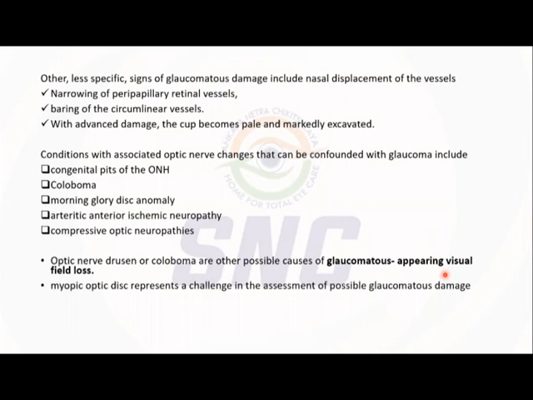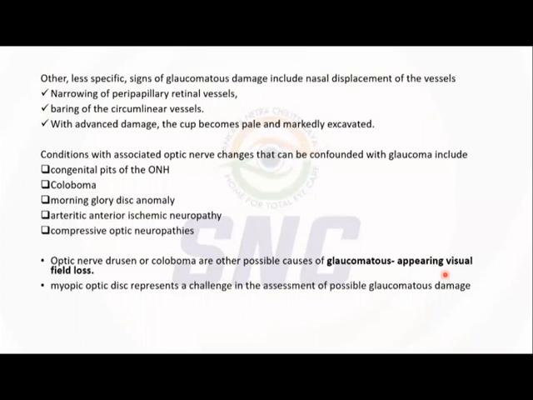So whenever you have deep cupping or excavating cupping, the loss of extracellular matrix in the lamina cribrosa will leave the vessel to travel over the ONH without any support. So it's a three-dimensional view. The circumlinear vessels will not follow the excavation of the cup. It just overflows the cup. It overbridges the cup. So that is bearing of circumlinear vessels.